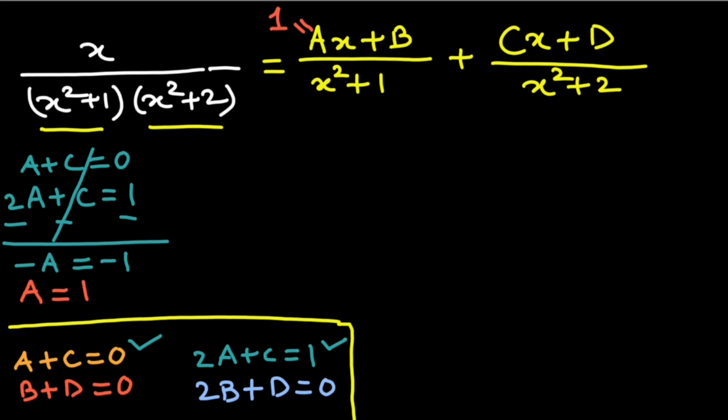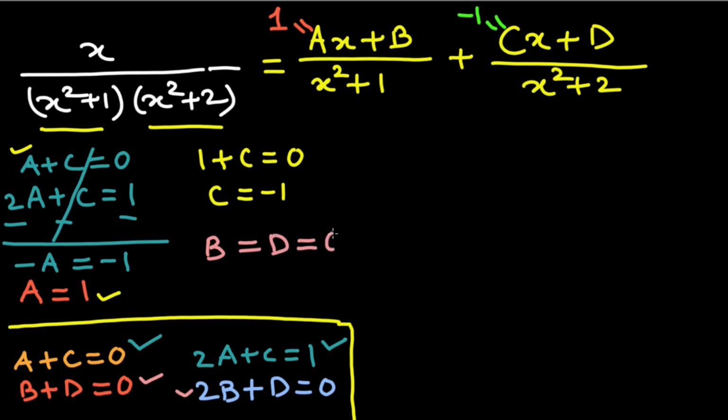Next, we will substitute the value of a in this equation and solve. So we write 1 plus c equals 0. So that gives us c equals minus 1. So we write the value of c equals minus 1 here. Now the equations b plus d equals 0 and 2b plus d equals 0 give us both b and d equals 0.